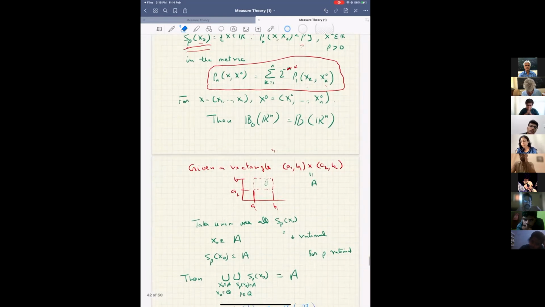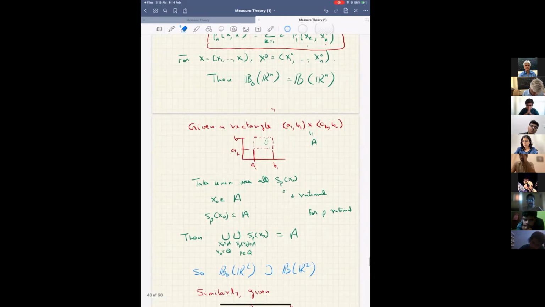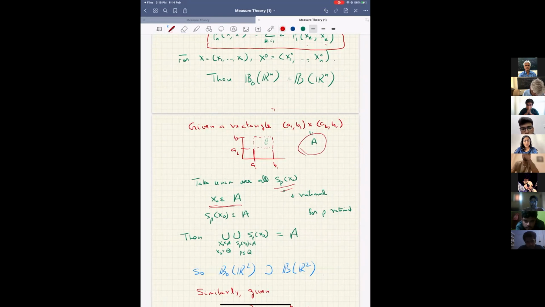Right, so I'll just show this. So take a union over all S rho x0, where x0 belongs to this set A. I'm calling this set A right now. Right? And x0 is rational, and rho is also rational, and S rho x0 is in A. That's a membership limitation. I keep that limitation.